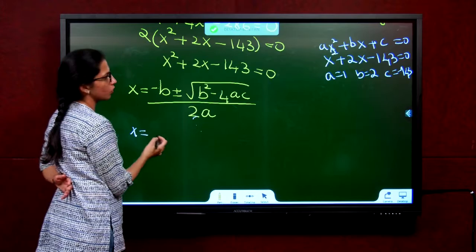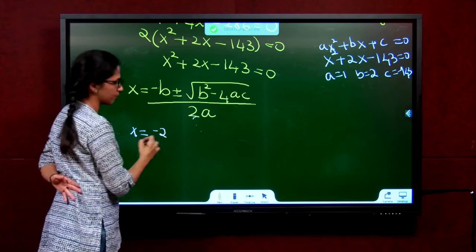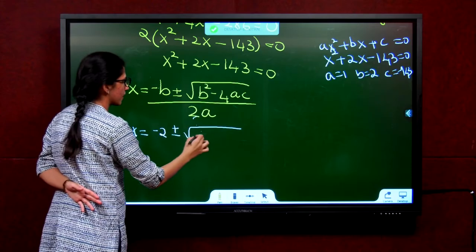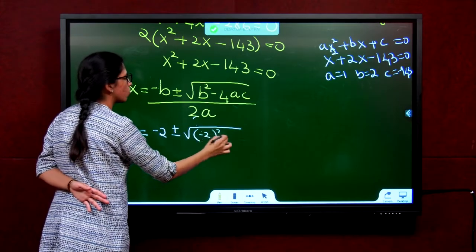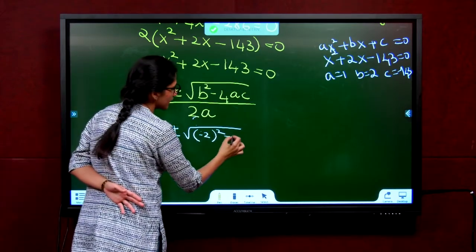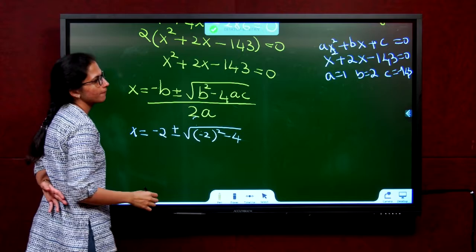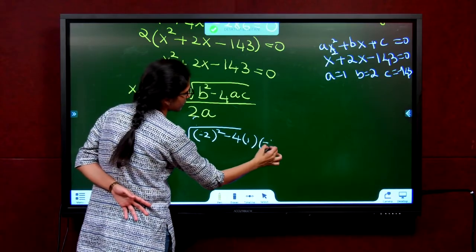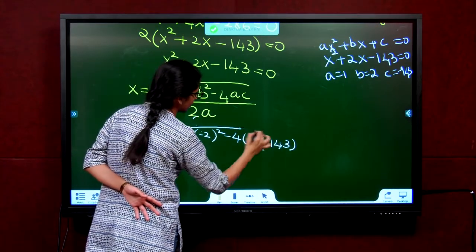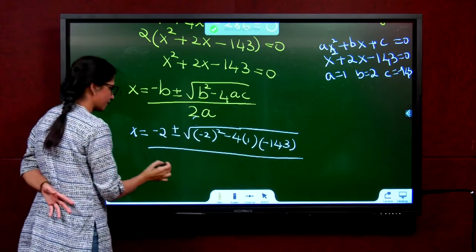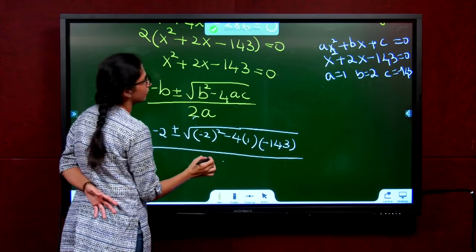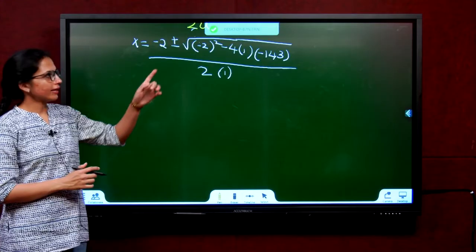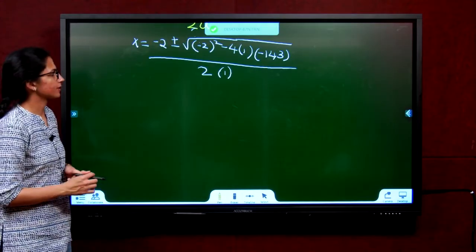X is equal to minus b, minus 2, plus or minus root of b square, minus 2 the whole square, minus 4. What is a? 1. What is c? Minus 143, close brackets, divided by 2 into a. A is 1. Please compare a, b, c and put it there. That's how you get the last step.